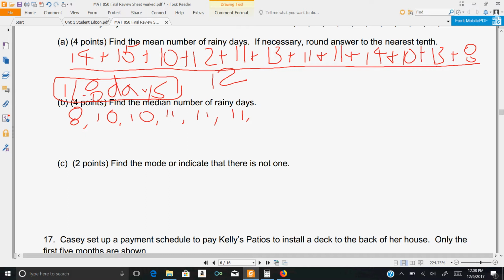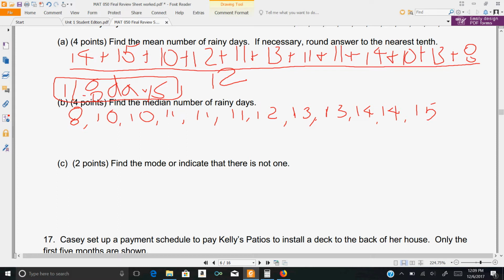And so then I go on to 12. I have 1 12. And it looks like I have 2 13s. And after my 13s, I try 14s. I have 2 14s. And then I have 1 15.